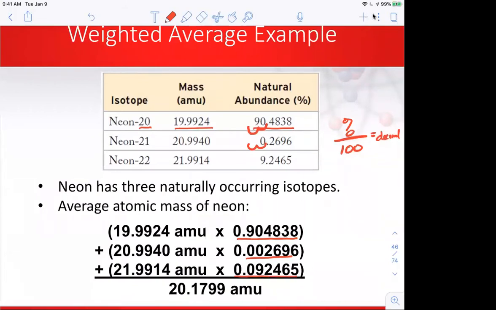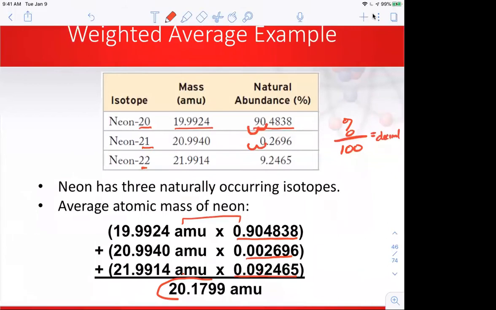Once I get all those products, so this is the product of the abundance times the mass of 20, plus the product of the abundance times the mass for 21, plus the product of the abundance times the mass for 22.